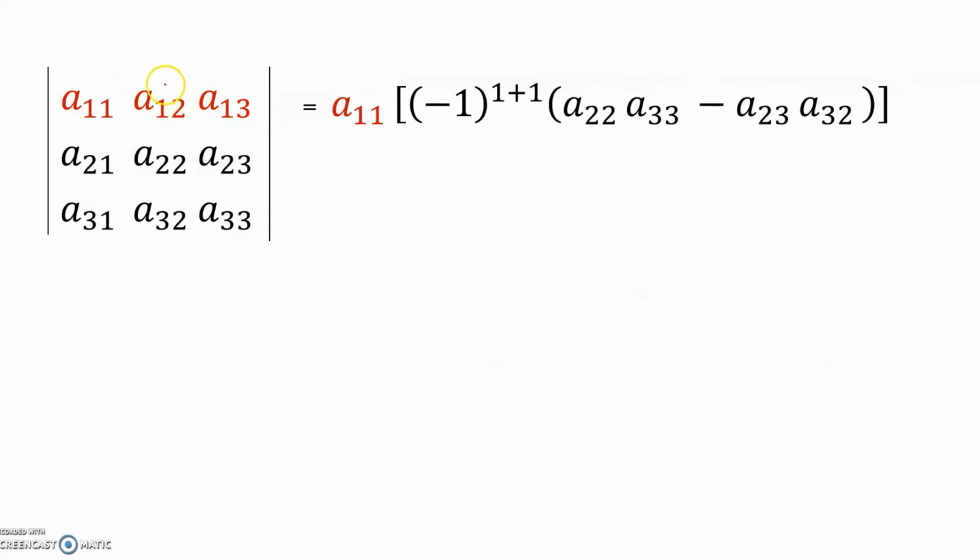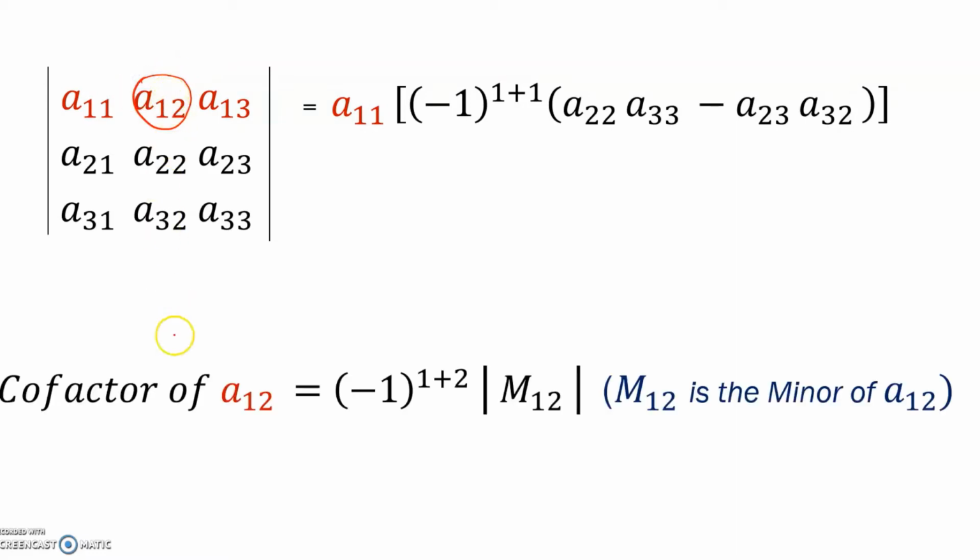I've taken A12 and we're going to find the cofactor. To find the cofactor, you put -1 to the power of 1 plus 2. Why 1 plus 2? Because it is the first row, second column.